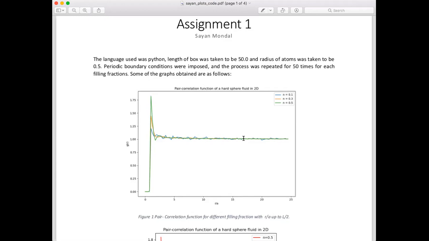Then you will reach a situation where they just tightly fit in the box that you have. So the peak height has to keep increasing. And once you reach that situation, of course, you can't put anything more. You have reached a saturation. So that's how it should go, just thinking about it physically.